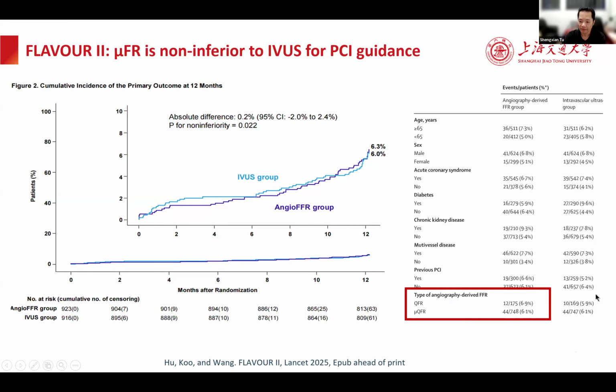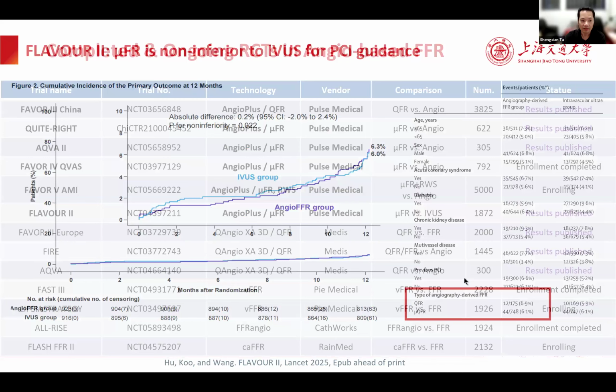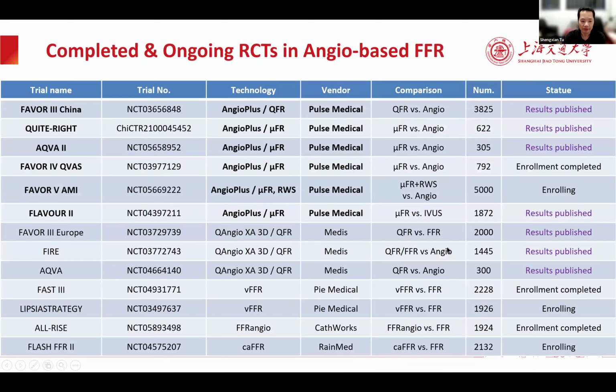On the other hand, IVUS is comparable in the first and second generation. This table summarizes the randomized trials on angio-FFR. Several vendors are doing that, and we are behind a couple of studies that were already published. And outside China, Medicines also has QFR now.